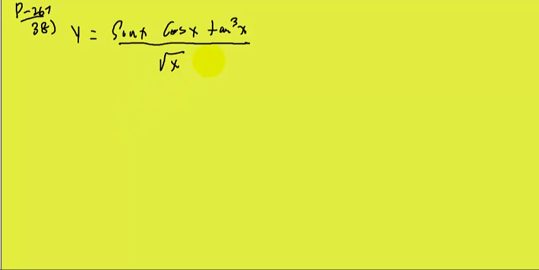Now you can take the derivative of this as is. You have to use a quotient rule, product rule, and then a chain rule up here because tangent is cubed. Or you can use what's called logarithmic differentiation.